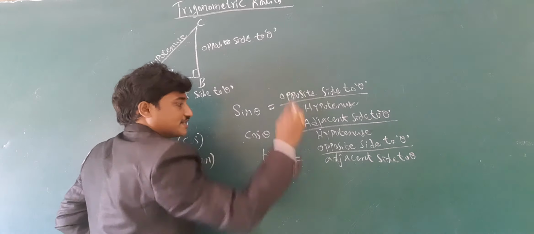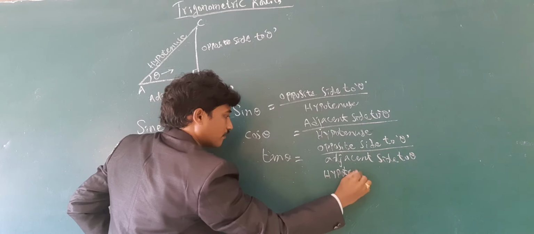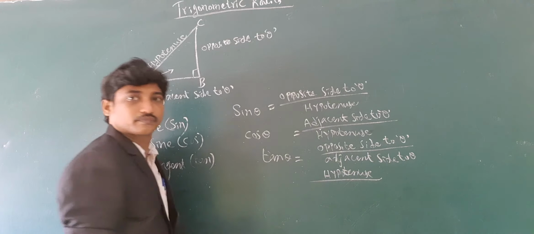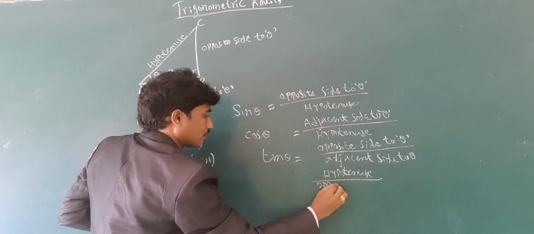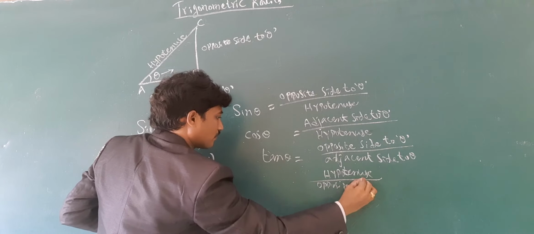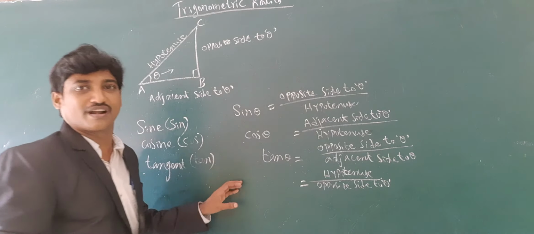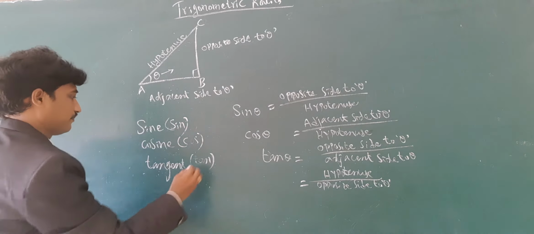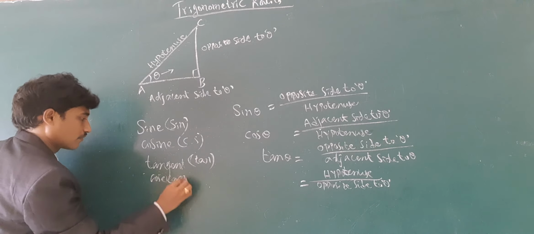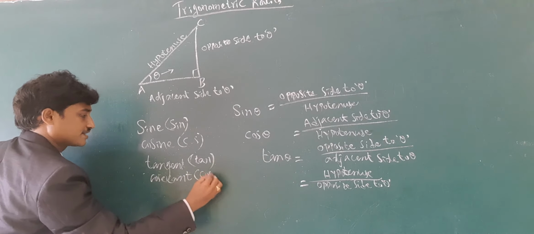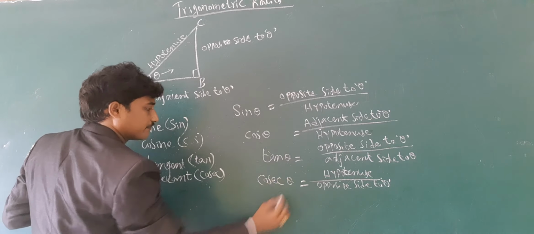If you take its reciprocal, hypotenuse by opposite side to theta, this ratio is called cosecant theta. In short, we write it as cosec theta.